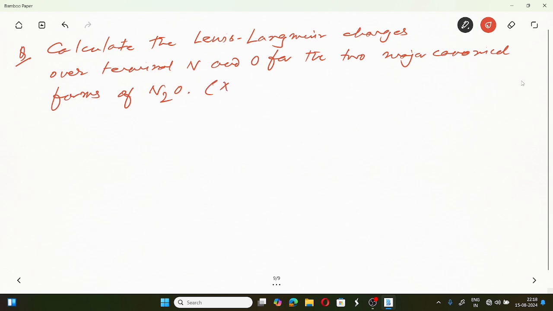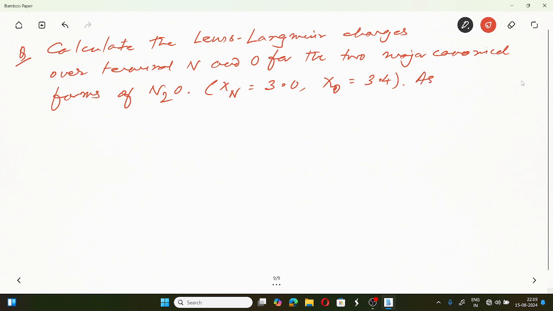Here it is given that chi of nitrogen is 3.0 and chi of oxygen is 3.4.